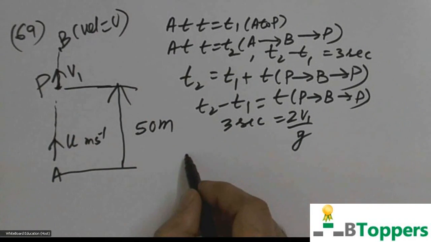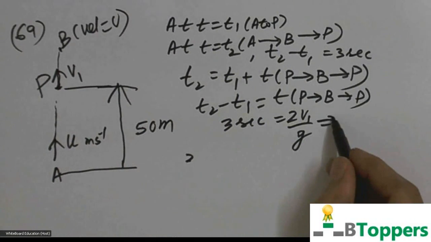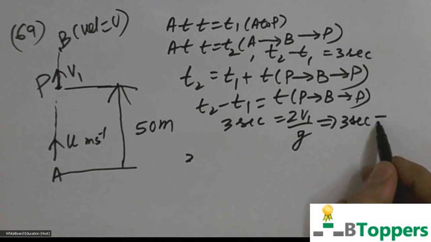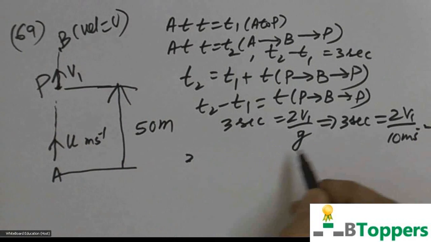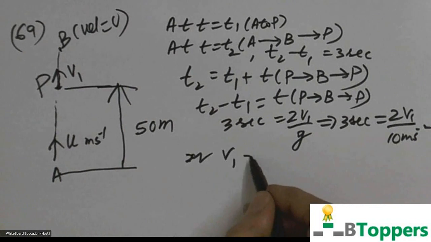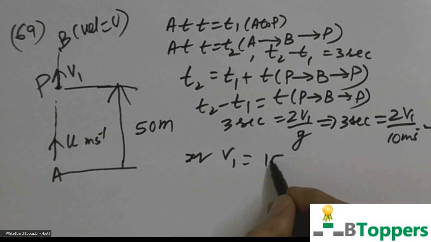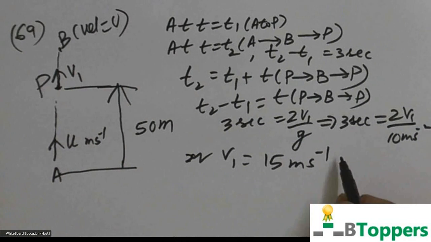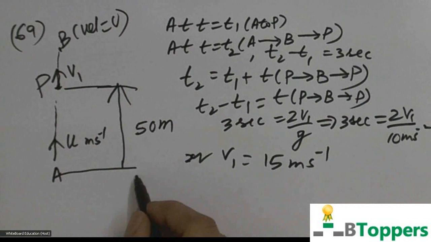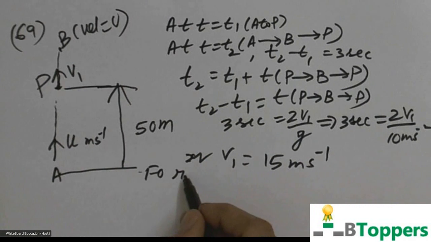So here g is given to be 10 meter per second square. So you get v1 equal to 15 meter per second.